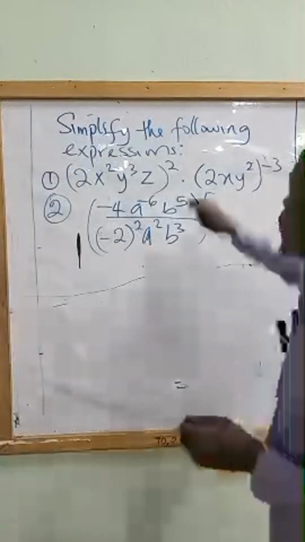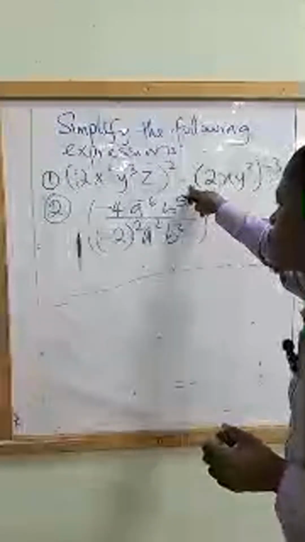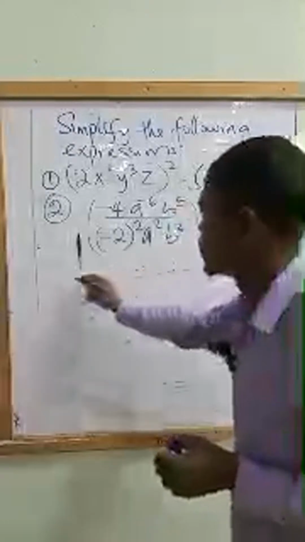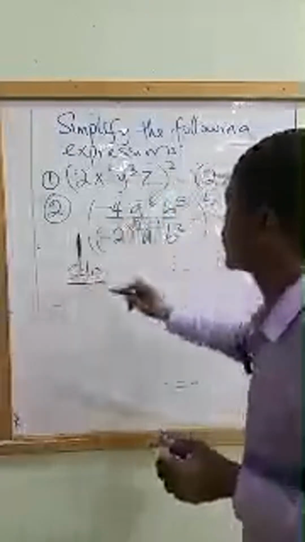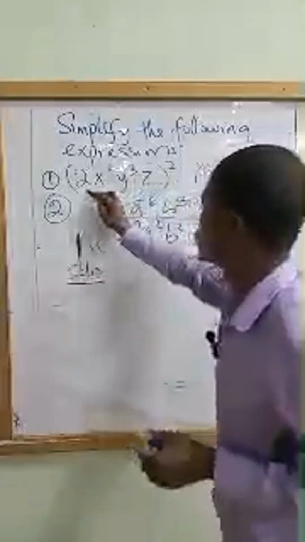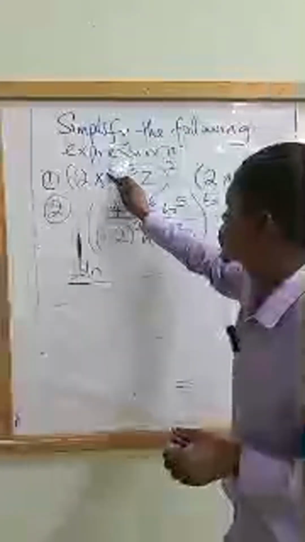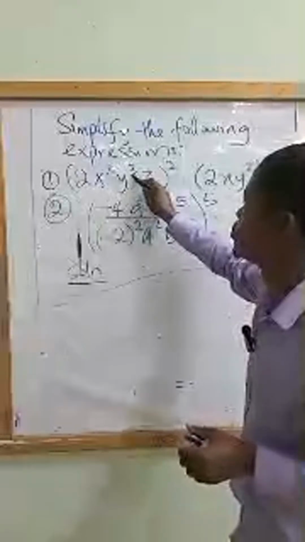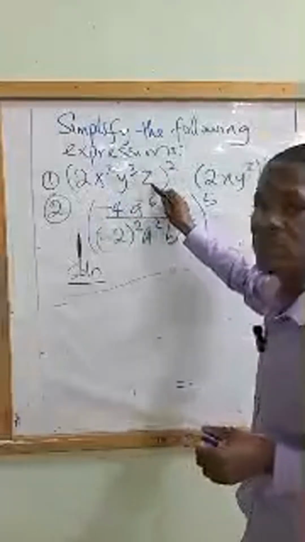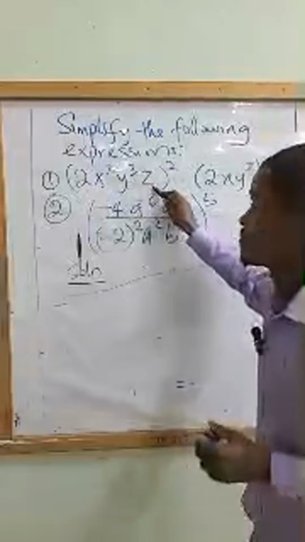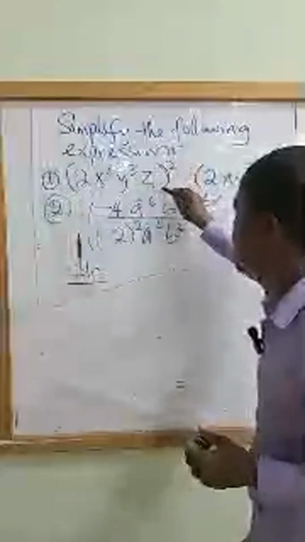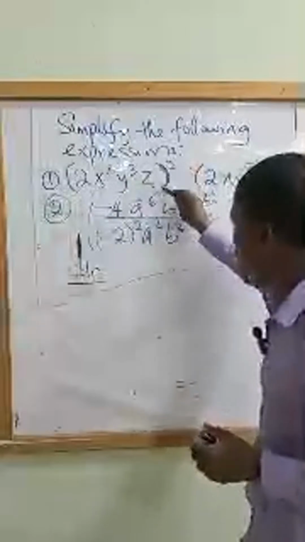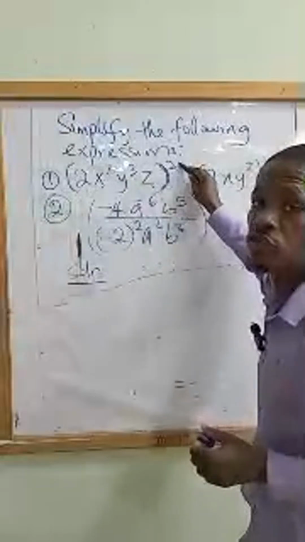Yeah, the first one, we have 2x squared times y cubed times z, and then bracket open here and it closes at this point, power 2.